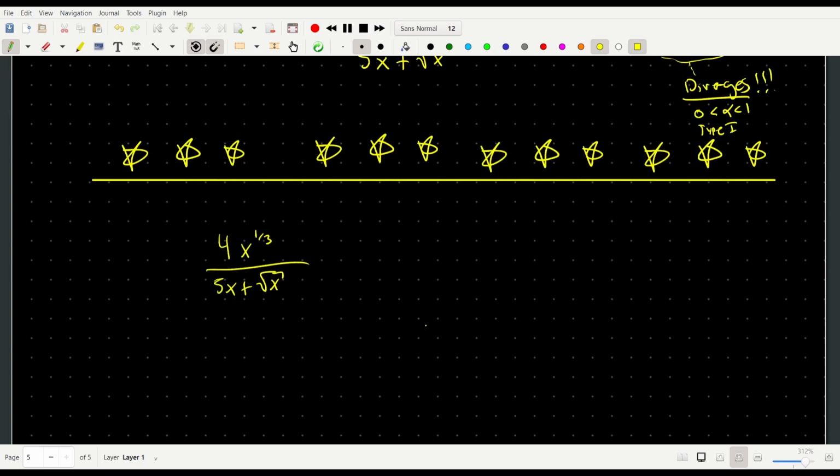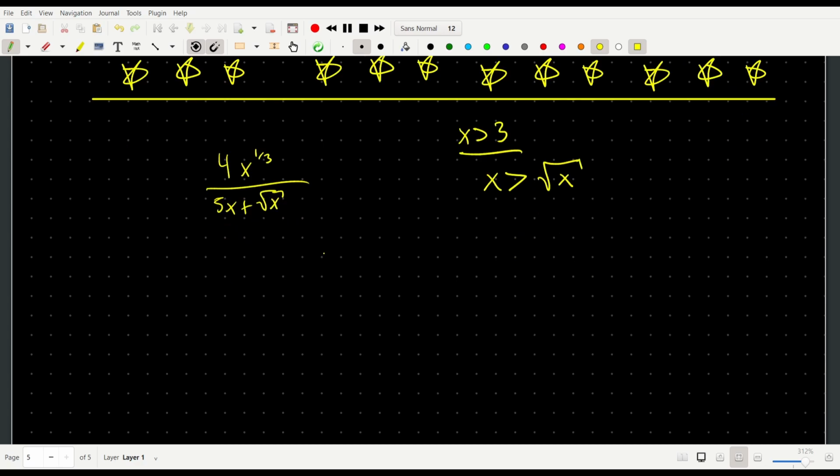And we're going to directly use the fact that x is greater than 3, and that when x is greater than 3, x itself is always going to be greater than the square root of x. This is going to help us get a lower bound to our function.